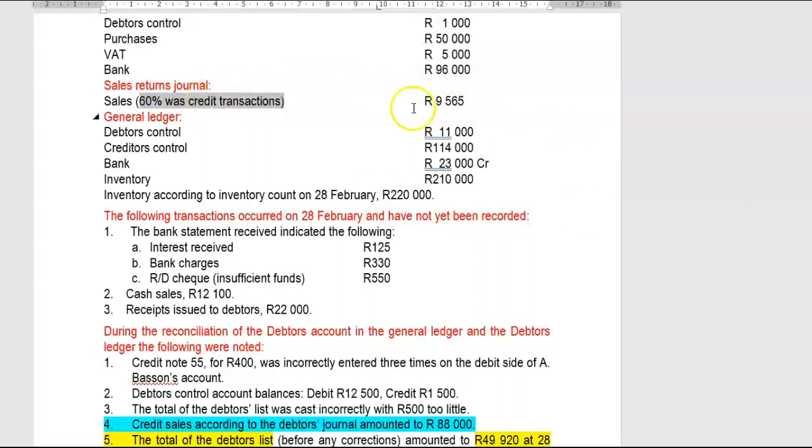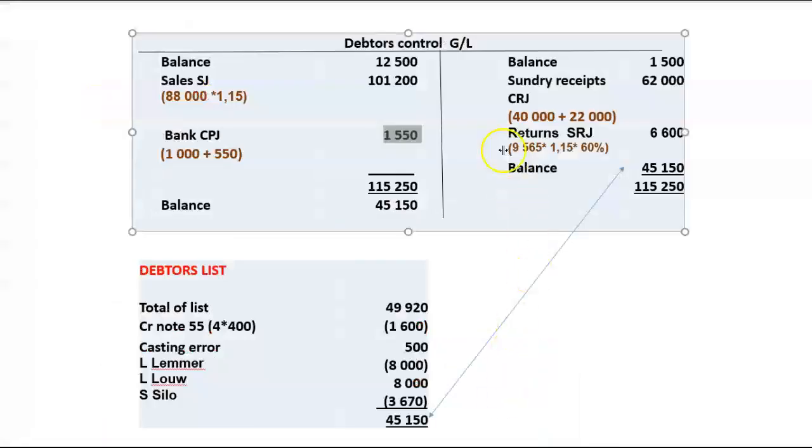So only 60% of that amount of 9,565 has to do with debtors, and that amount is 5,739. But now be careful, the sales column is a VAT exclusive column. So when we post that entry into our debtors control account, we actually have to include the VAT.